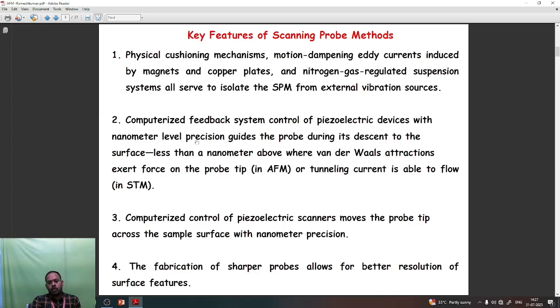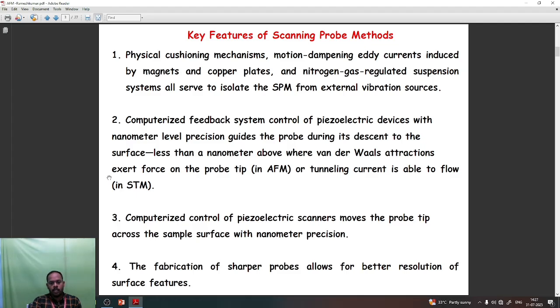And there will be a computerized feedback system which will control the piezoelectric devices with nanometer level precision, which will guide the probe during its descent to the surface, less than a nanometer above where the van der Waals attraction exerts force on the probe tip, or tunneling current is able to flow in STM. So these two techniques are basically scanning probe methods.